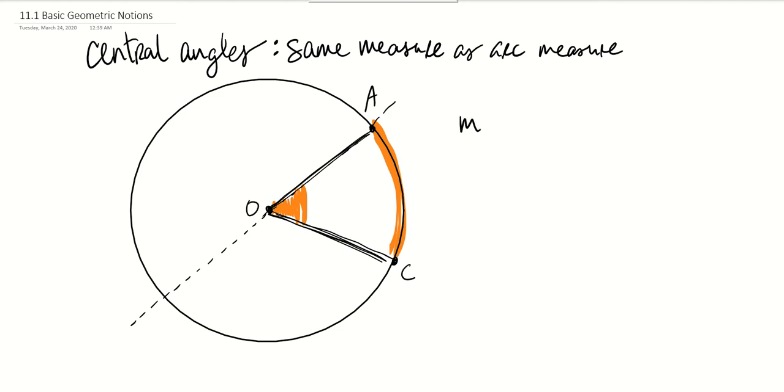So measure of arc AC is 36 degrees. That means that the measure of angle AOC is also 36 degrees. And vice versa. Let's say that the measure of angle AOC is 42 degrees. That means that the measure of the arc is also 42 degrees.